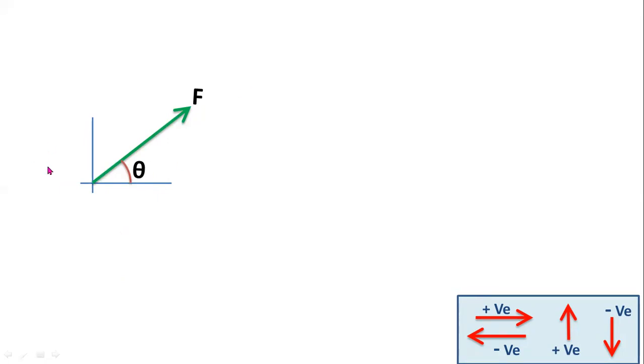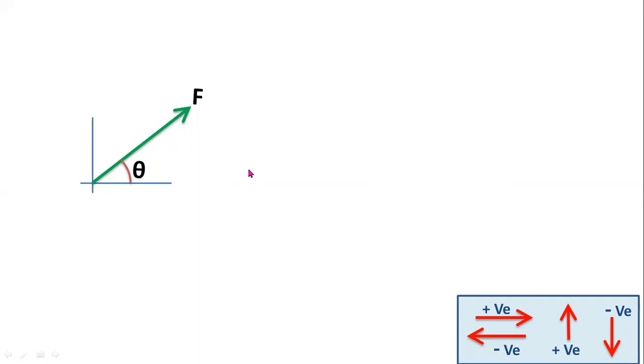Now here you have to convert this inclined force into horizontal and vertical force. You have to split this inclined force into two forces. I will explain in this session.